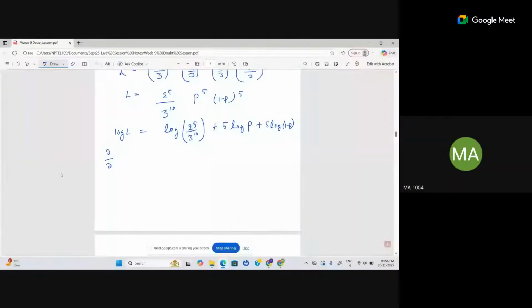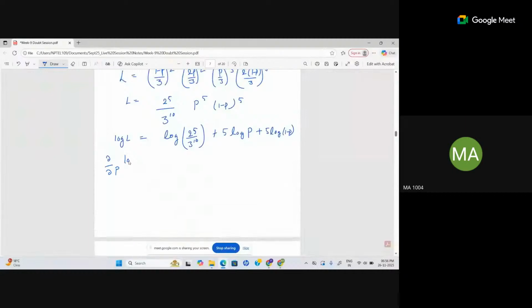Okay, so we have to differentiate it with respect to p. We have log L. When you differentiate this term, the differentiation of this will be 0. Now this will be 5 divided by p, plus 5 divided by (1 minus p), and there will be one minus sign, so I will write it as minus. Now we have to put it equal to 0.